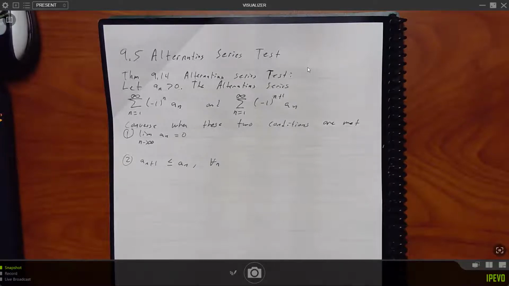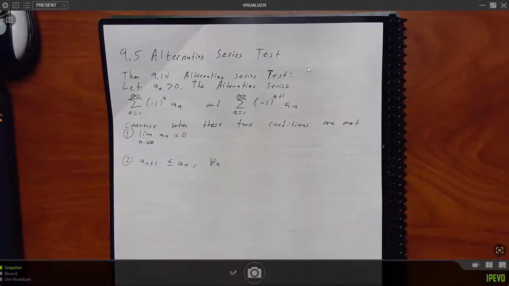Yeah, we did that last class. 9.4 was comparison tests, and 9.3 was the integral test and p-series test.